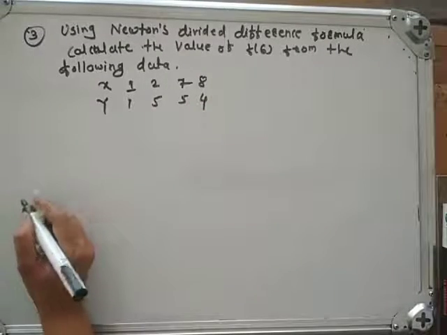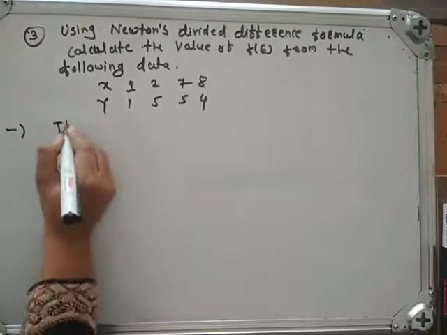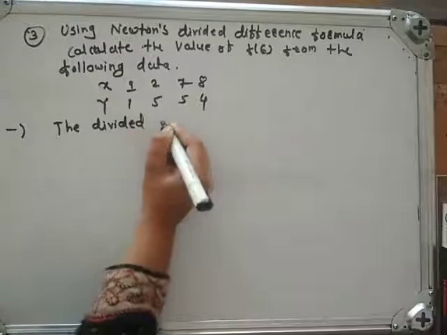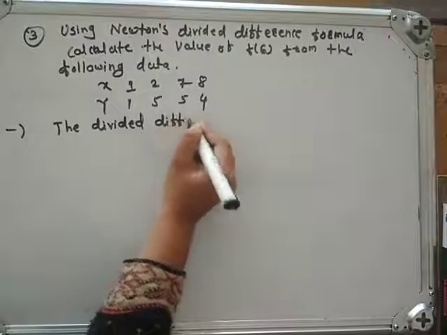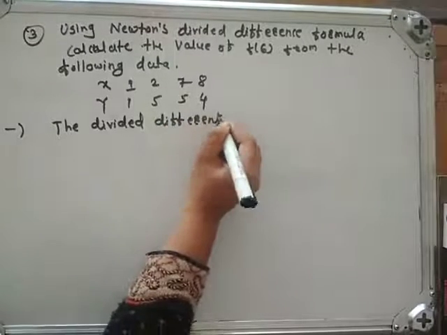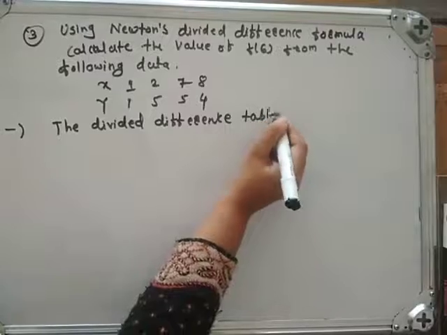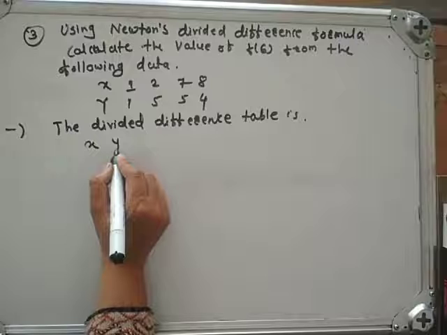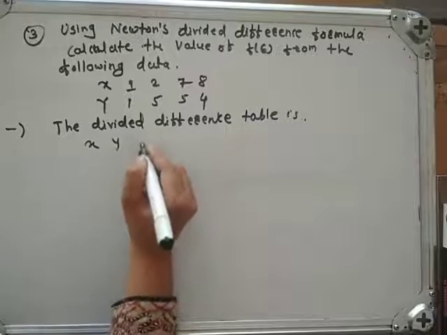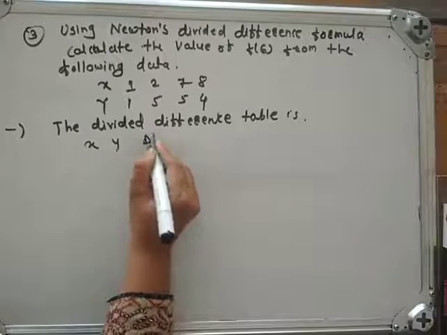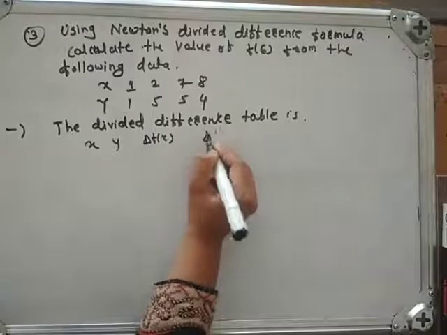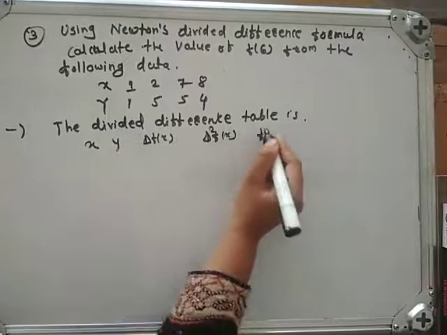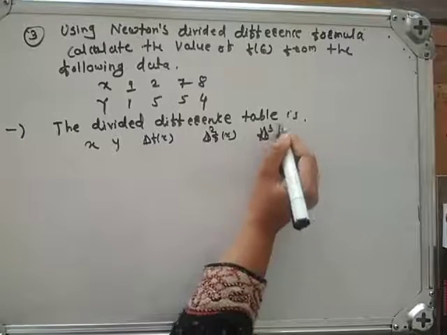Okay. First we have to make the divided difference table. Columns: x, y, first divided difference, second divided difference and third divided difference.